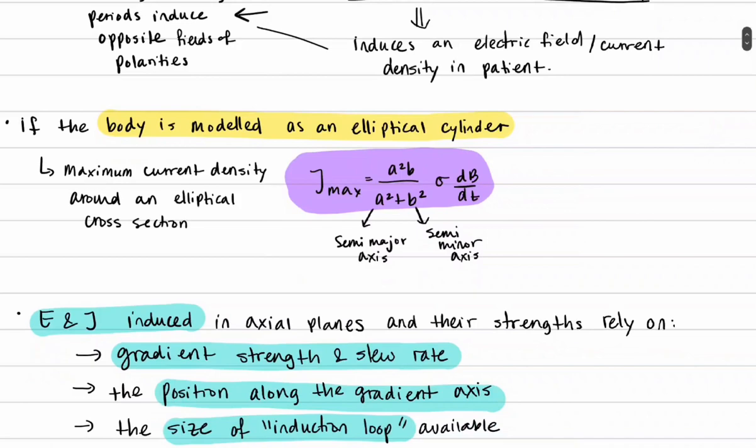We can model the body as an elliptical cylinder with a semi-major axis A and a semi-minor axis B for the elliptical cross-section. If we do that, then we can calculate the maximum current density J to be equal to A squared B over A squared plus B squared times sigma, which is the electrical conductivity of the tissue, times dB/dt.